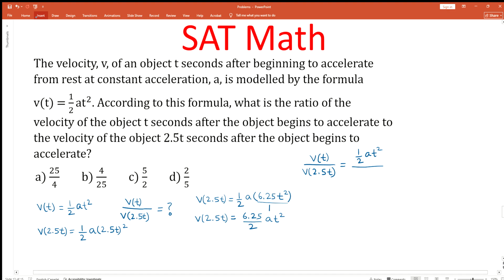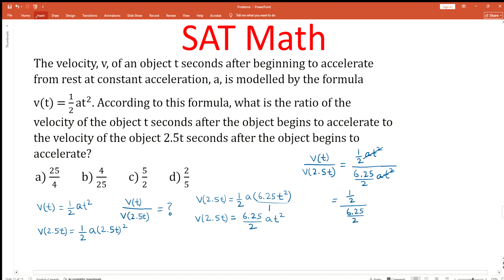And in the denominator, we can use the expression for v of 2.5 t, which is 6.25 over 2 times a t squared. We can simplify the fraction on the right side by cancelling out a t squared from the numerator and denominator. I get 1 over 2 over 6.25 over 2.